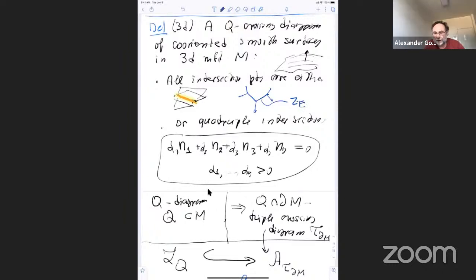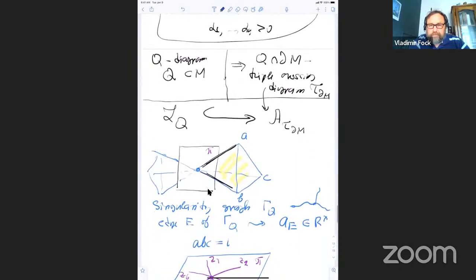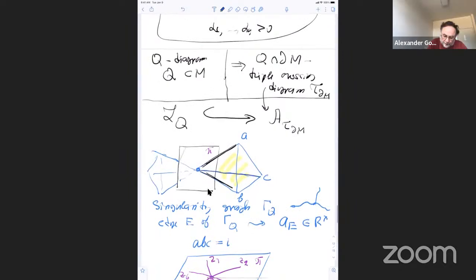Now, these variables z are not free variables. They satisfy some relations, which I explained. If you have this picture, and you fix one of the planes and a quadruple intersection point, then you see a little tetrahedron, with 3 surfaces which come to this point, and they provide you 3 edges. The product of these coordinates equals 1.